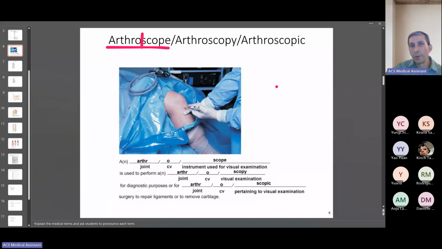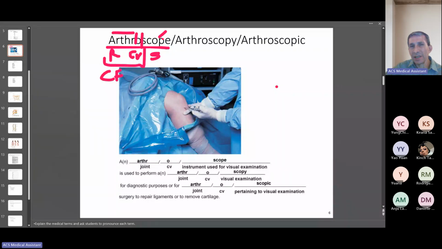Remember, scope, this is the suffix. O is the combining vowel. And arthr is the word root. So if you have word root and combining vowel, we have a combining form. Scope is the instrument. Arthr is the joint.